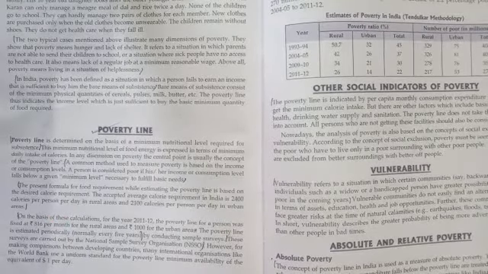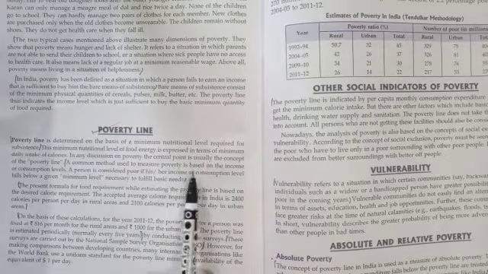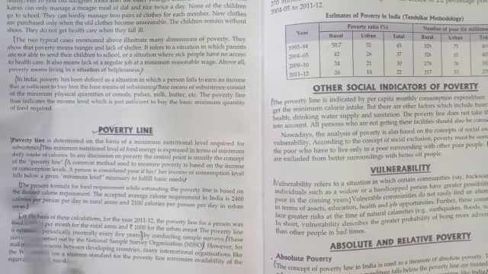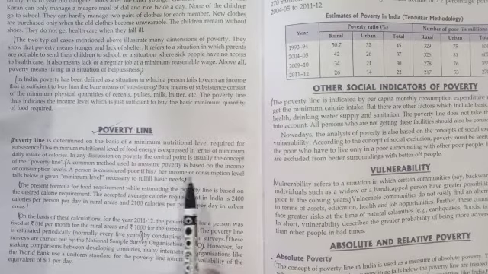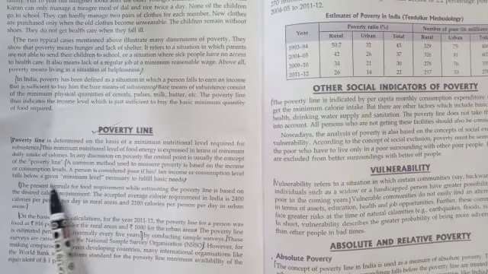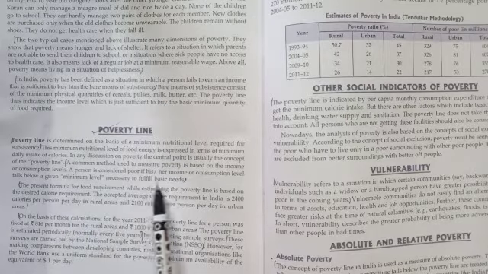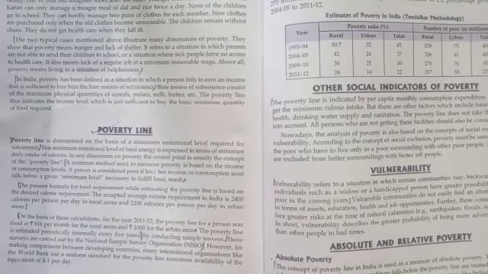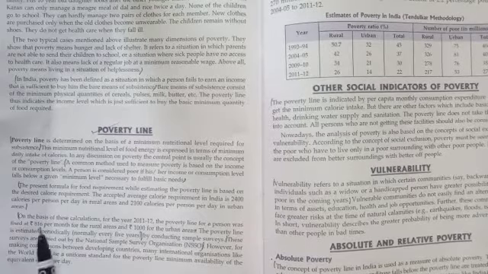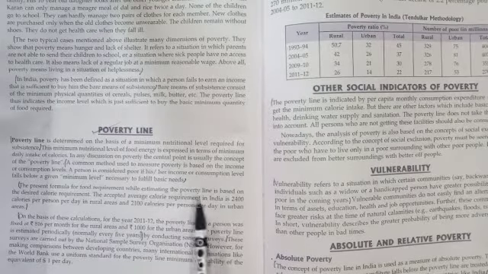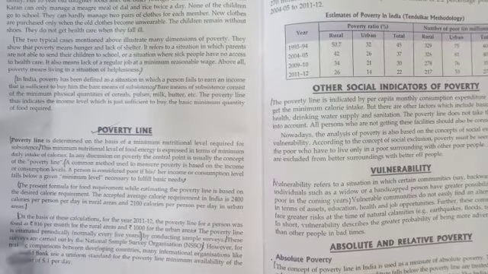A common method used to measure poverty is based on the income or consumption level. A person is considered poor if her income or consumption level falls below a given minimum level necessary to fulfill basic needs. For example, the present formula for food requirement while estimating the poverty line is based on the desired calorie requirement.